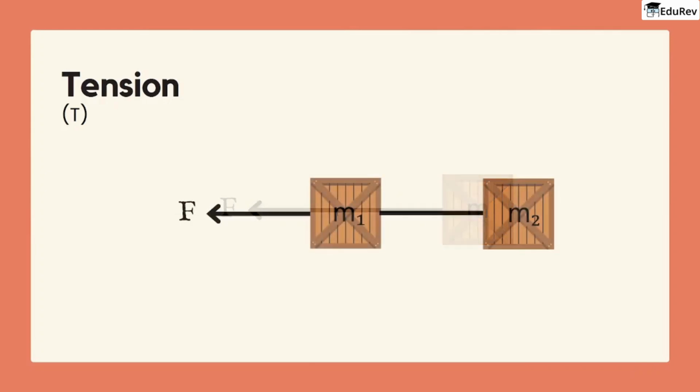Now try out the direction in this system. Here we have two separate strings. Now keep in mind the second point we studied. The tension is different in different strings. So here we have a force F that is being applied on this string. Let's consider this string to be S1 and this string to be S2.